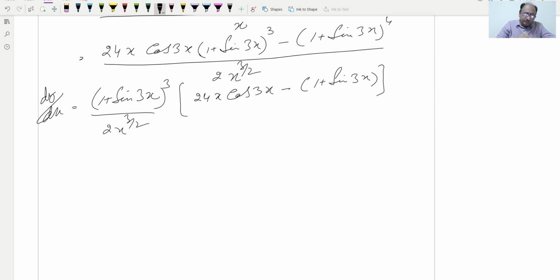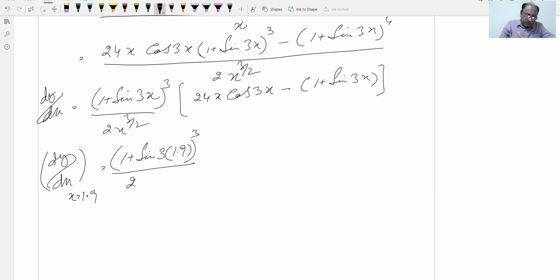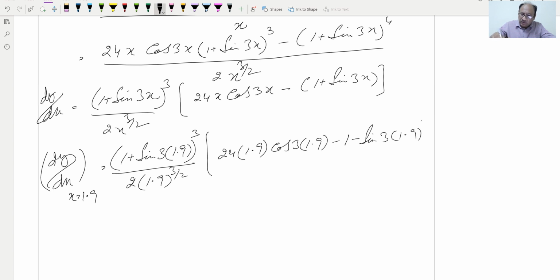Now we can find dy by dx at the point x equal to 1.9, and this will be equal to 1 plus sine of 3 into 1.9, cubed, divided by 2 into 1.9 raised to the power 3 by 2, and in brackets 24 into 1.9 cos of 3 into 1.9 minus 1, and minus, this minus will be multiplied with plus and we will get minus, so minus sine of 3 into 1.9.